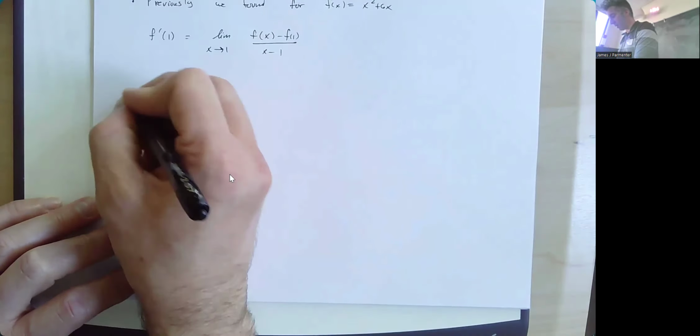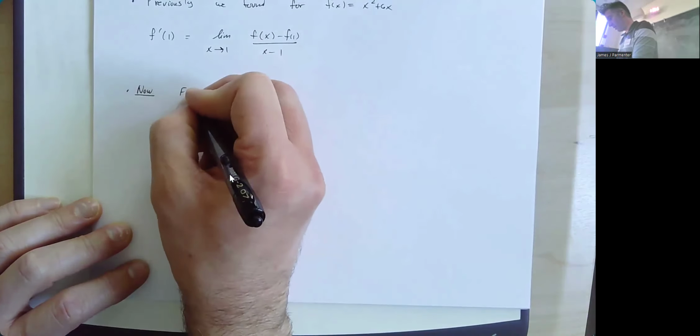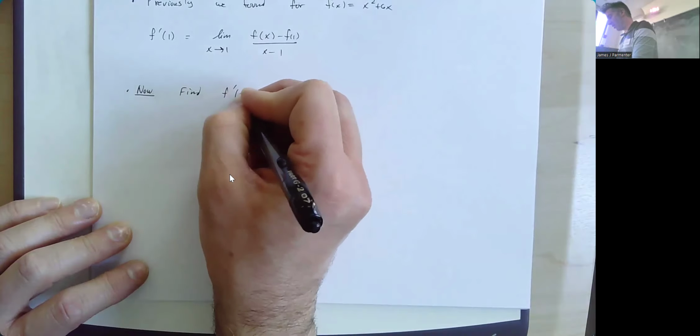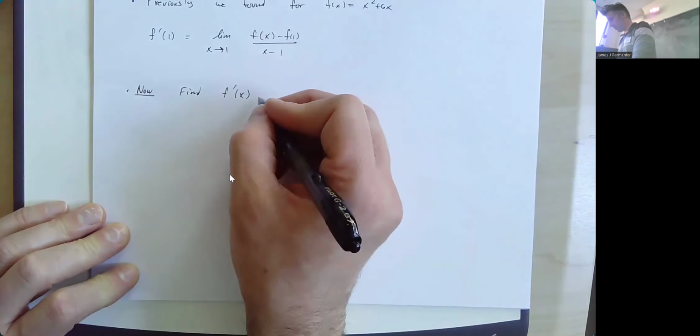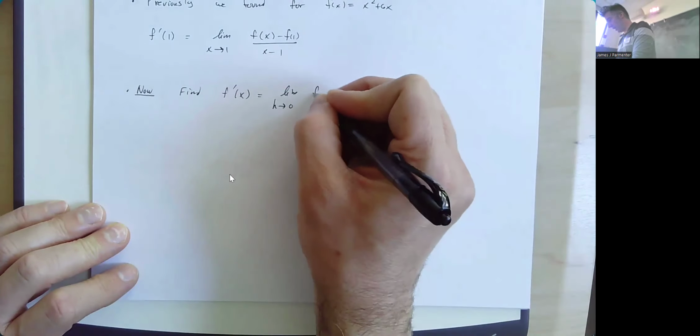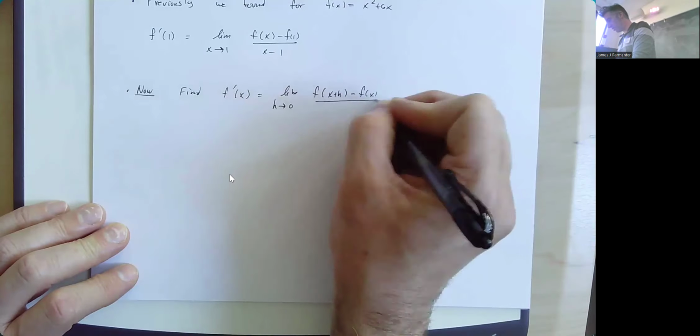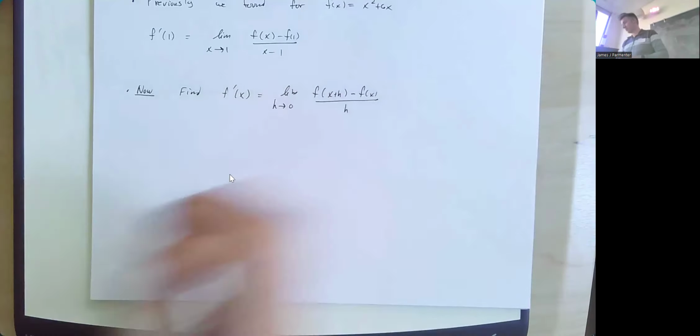Now we're going to do the following. We're going to find the derivative for any value of x. And it's going to be the limit as h goes to 0 of f of x plus h minus f of x all over h.